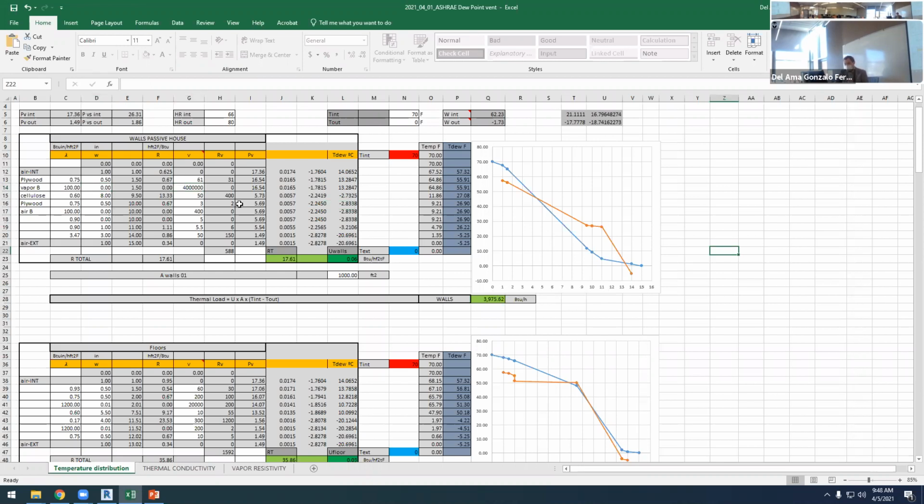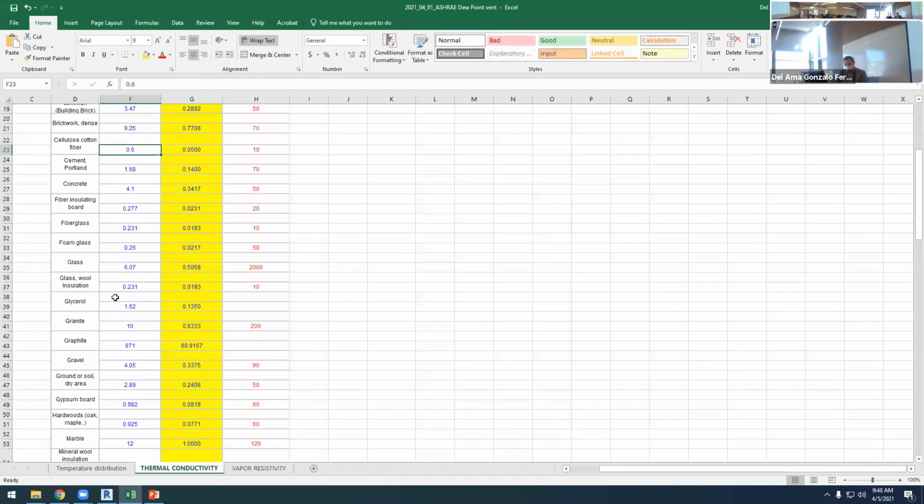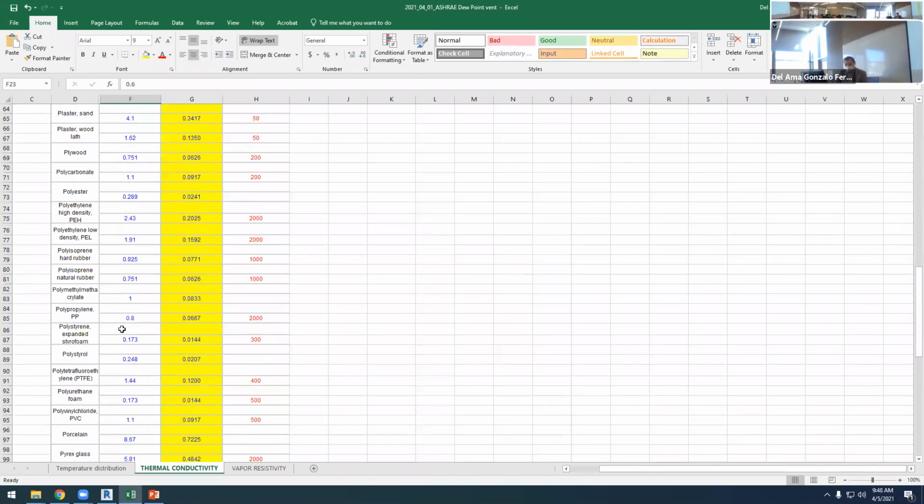There's another option. This is what I was told when I was a student. Do not use fibers, do not use glass fiber or rock wool or whatever. Do not use wood fibers or cellulose. You have to use rigid insulation. So what happens if we use rigid insulation?